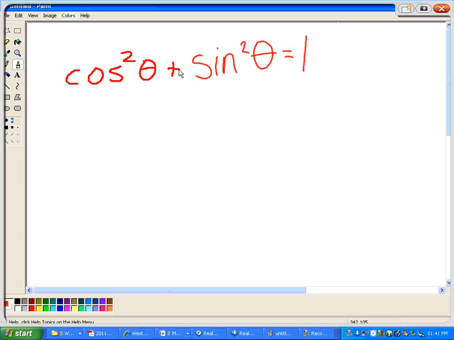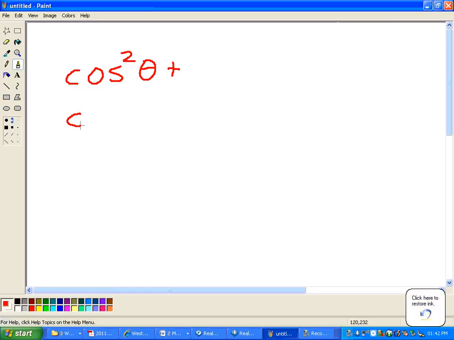So that's the basic one. The one that we're using today is the cosine of 2 theta.